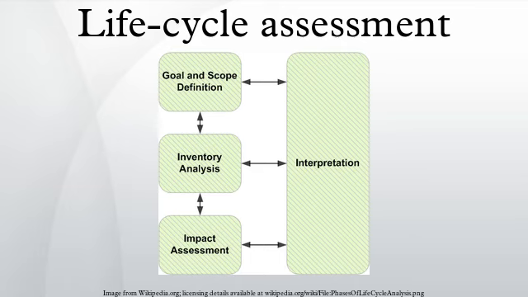The classification stage, where the inventory parameters are sorted and assigned to specific impact categories. And impact measurement, where the categorized LCI flows are characterized, using one of many possible LCIA methodologies, into common equivalence units that are then summed to provide an overall impact category total.